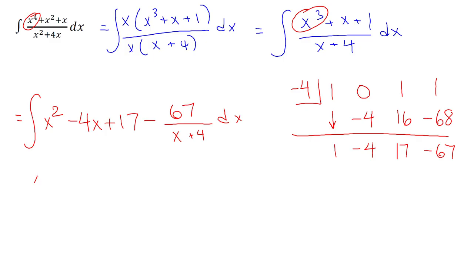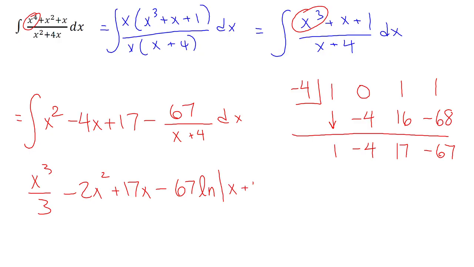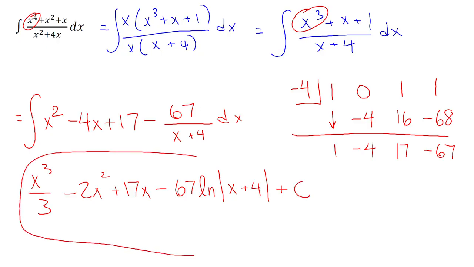And our integration just becomes x cubed over 3 minus 4x squared over 2, or minus 2x squared, plus 17x. And again, another simple u sub here. U is x plus 4, du is dx, so that just becomes 67 over u, or 67 natural log absolute value of u, which is x plus 4. And of course, after all that work, don't forget the plus c.